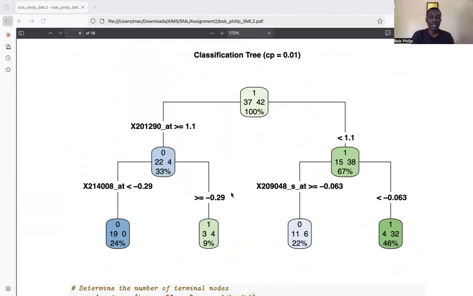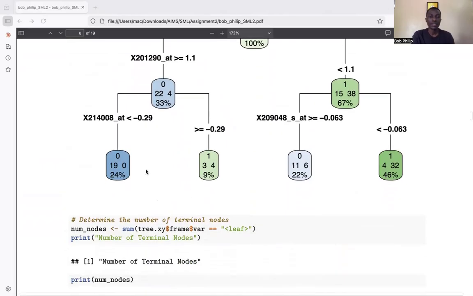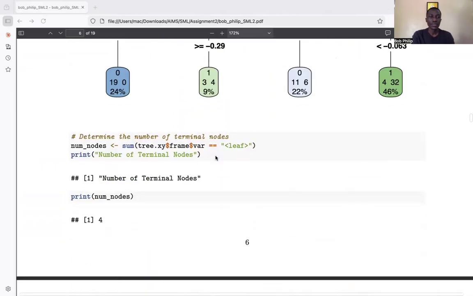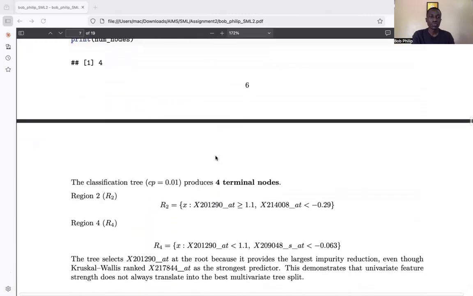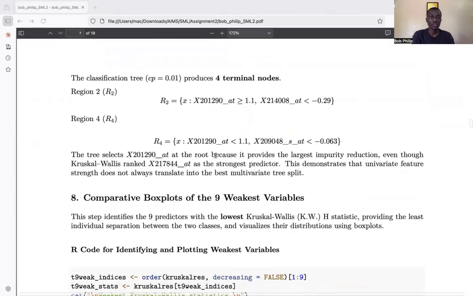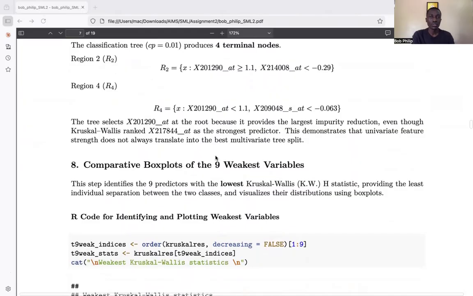Out of the 9 variables, only 3 were quite significant in building a tree, and I had 4 leaf nodes. From the terminal nodes, you can see the equations.